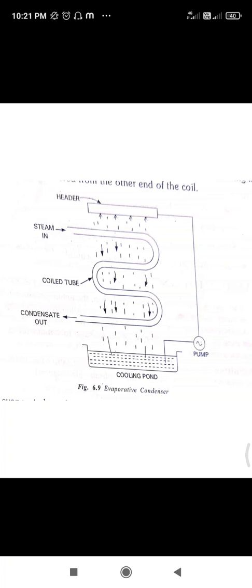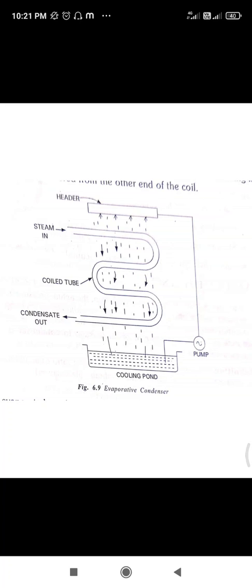Once again, this is the regenerative type condenser. The condensers used in the regenerative method of heating the condensate are called regenerative type condensers. The condensate after leaving the condenser is passed through the exhaust steam, where its temperature is increased.